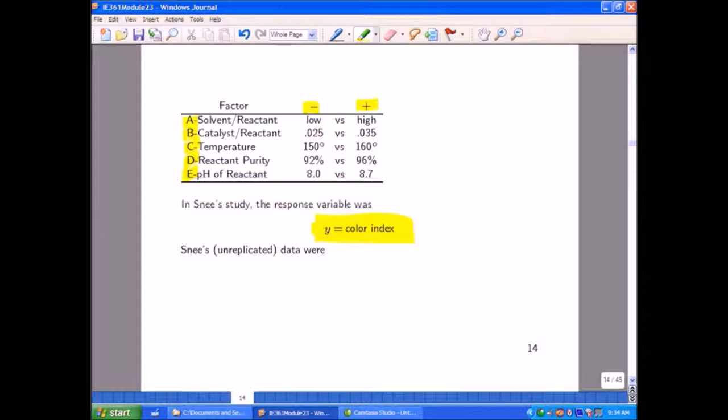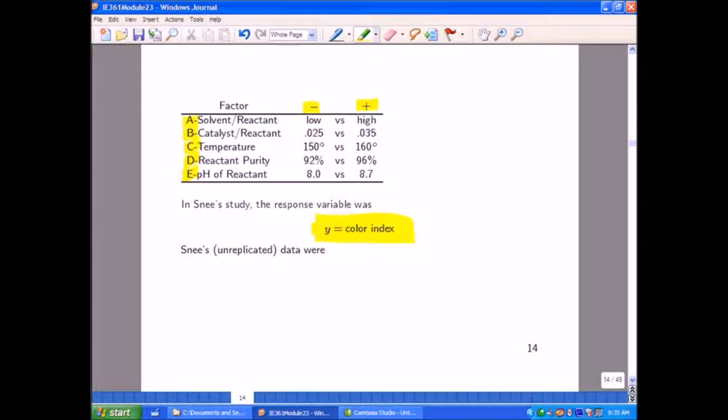If I was going to do a full factorial in this context, it would require a minimum of 32 runs of the process. There are 32 ways, that is 2 to the 5th ways, to set this process up.